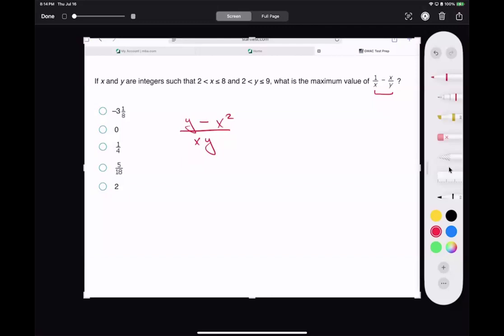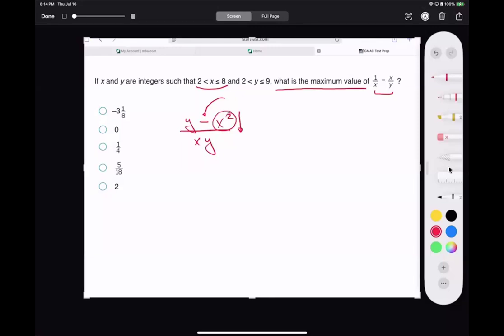What I want is the maximum value. Whatever I do in x, it will be negative, and I cannot put negative because x is only positive. Do you guys agree? So I want the least x possible.